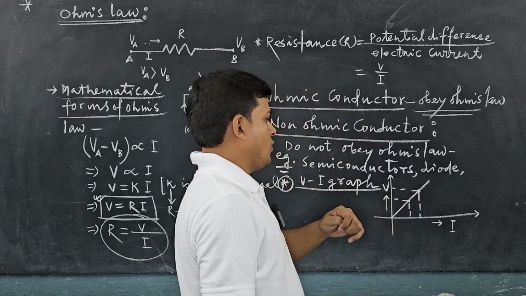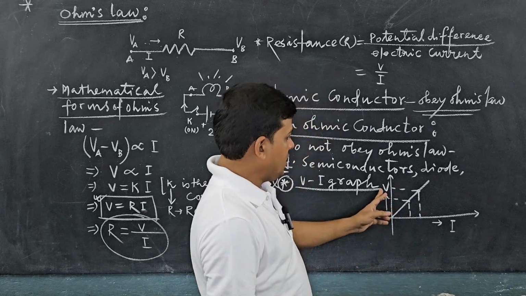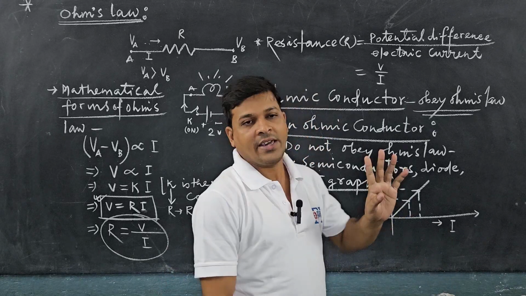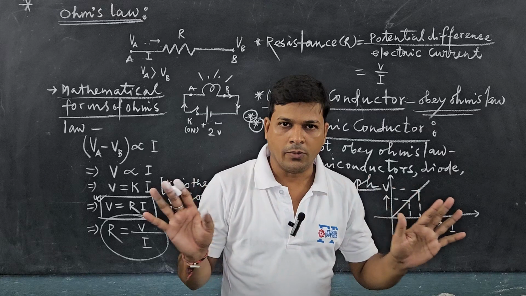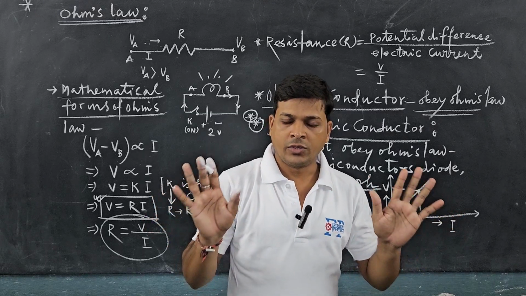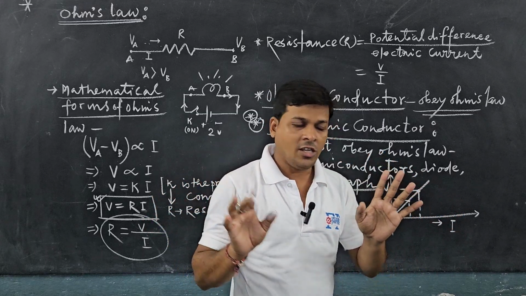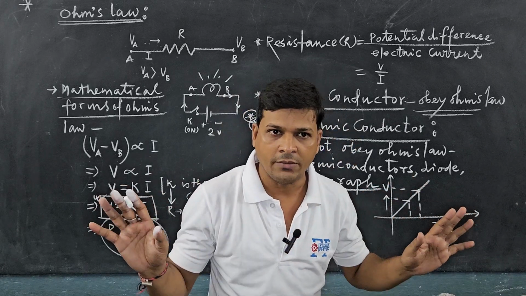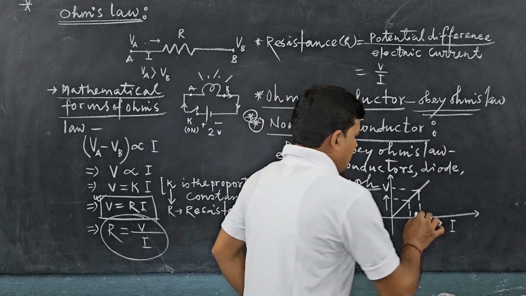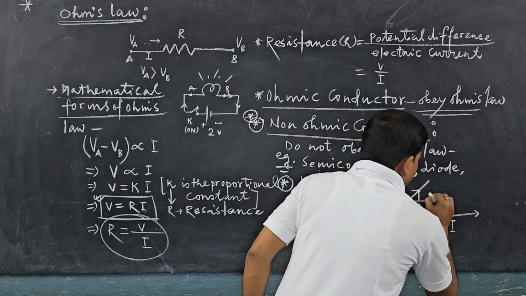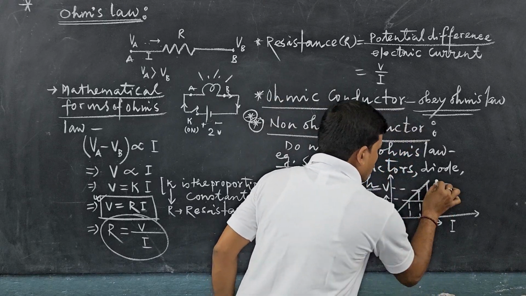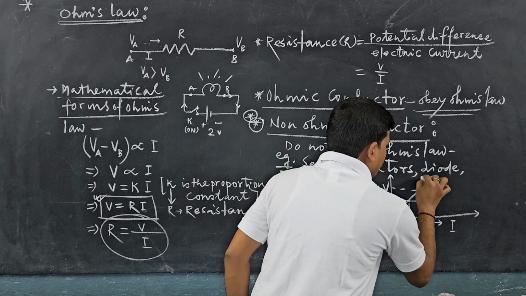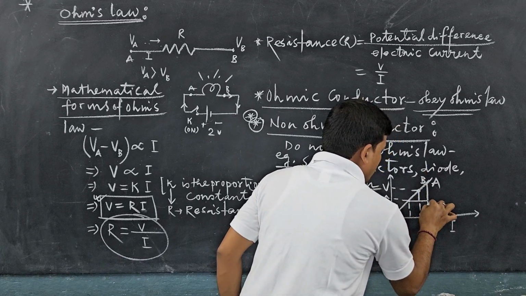In this graph, you can plot V along the x-axis and I along the y-axis. There will be no problem. To get the full 2 marks, if you plot V along the x-axis and I along the y-axis, there will be no problem. But graphically, the slope of the graph, that is OA, is the graph; now a perpendicular is drawn here.